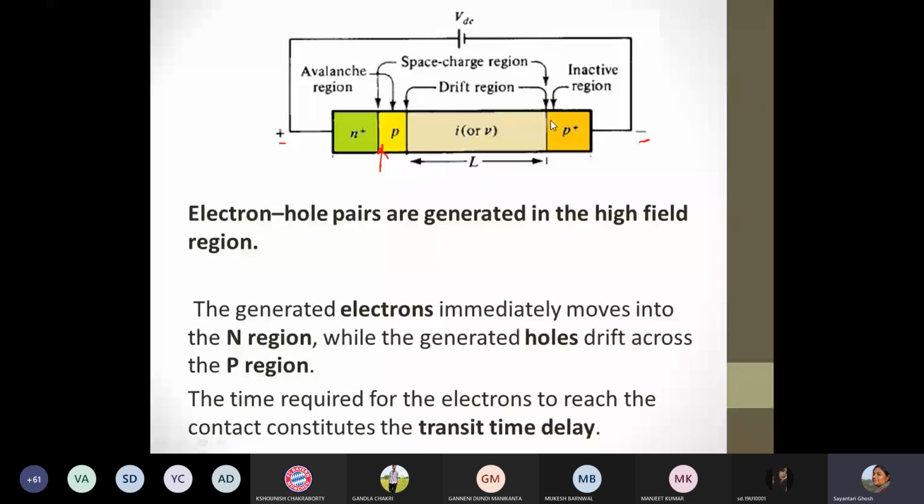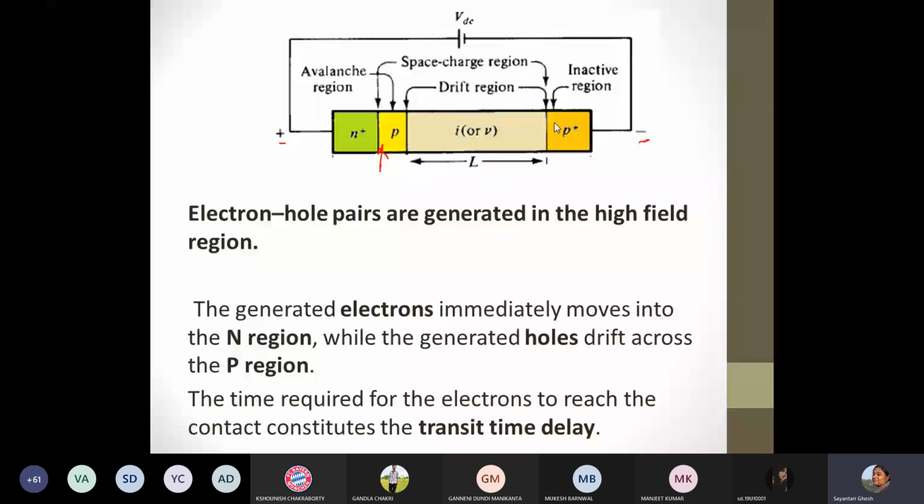This is what we are going to exploit here. We are going to use this phenomenon of transit from this junction to the very end of the device. This is the transit time. We'll use that, as well as the breakdown, to couple them together, and then we will get a system where I can introduce this phase difference that we are looking for.